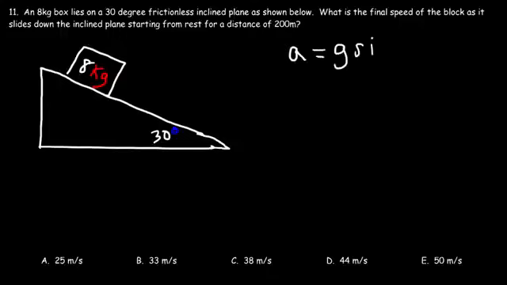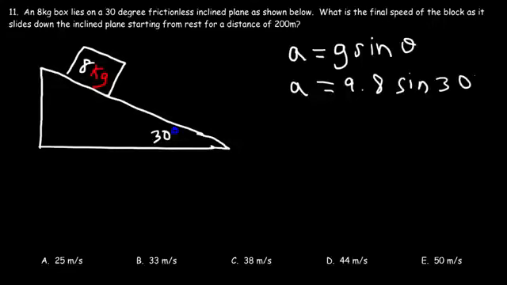It's g sine theta. It's dependent on the angle of the inclined plane. g is 9.8 and the angle is 30. So it's 9.8 times sine 30. Sine of 30 degrees is 1/2. 1/2 of 9.8 is 4.9. So that's the acceleration of the block down the incline.